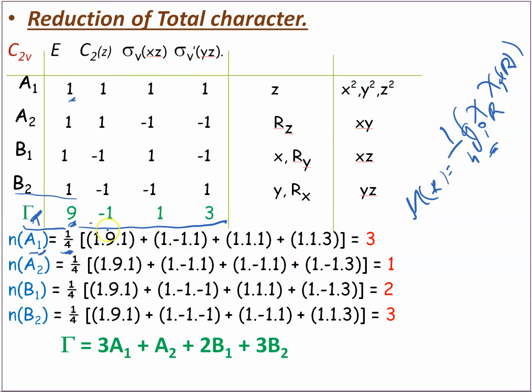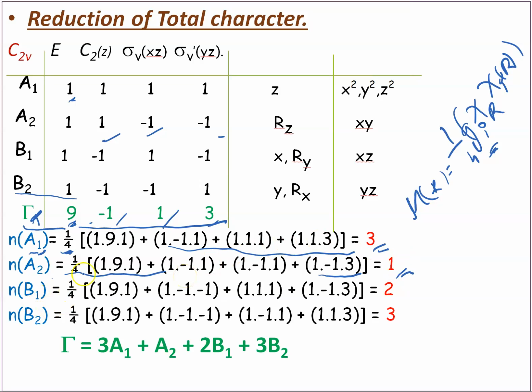Here also 1 into minus 1 into 1. Okay, this is the equation, we have already discussed this one. So we get 3. Similarly, NA2, using the reduction formula, 1 by 4, 1 into 9 into 1, 1 into minus 1 into 1, 1 into 1 into minus 1, 1 into 3 into minus 1. In this case we get 1.